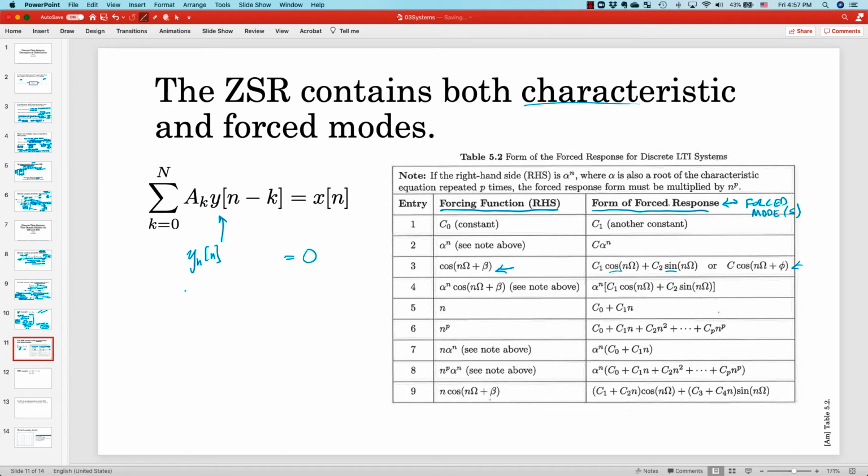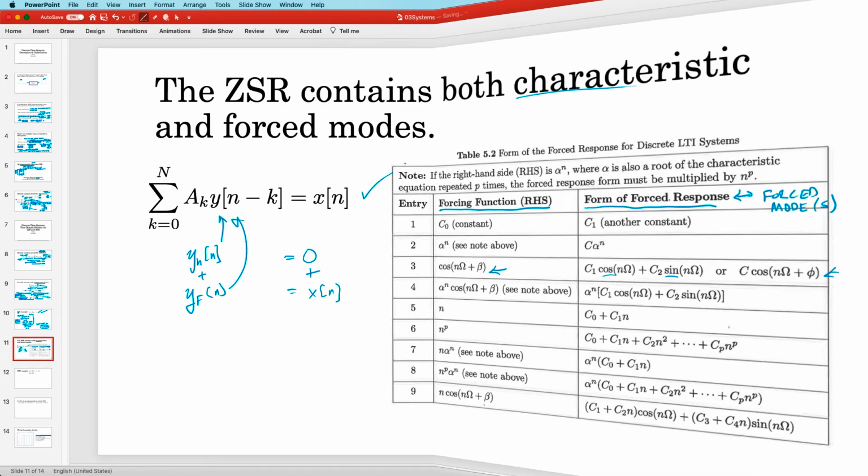Okay, so if I, in addition to that, have the forced solution, which when I plug it into here, I get x of n, then if I were to add those two, I wouldn't change x of n, so I would make this statement true again. Okay, so we have to include both forced modes, clearly, and characteristic modes.